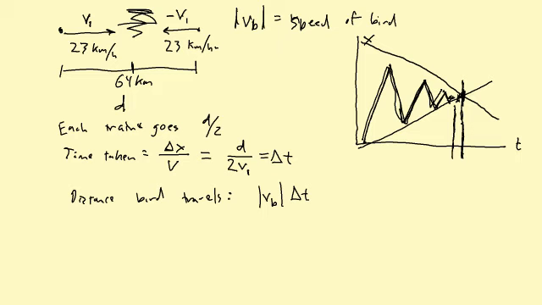So the total distance the bird travels, assuming vb is a positive number and v1 is a positive number, is just d over 2 times vb over v1, where v1 is the speed of a train. And this has been, of course, a fantastically poor choice of notation, but nonetheless, this is our answer for how far the bird travels. That's it. That's all you have to do.